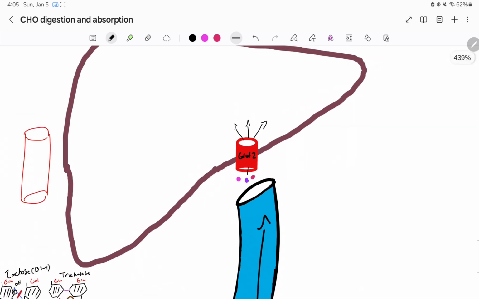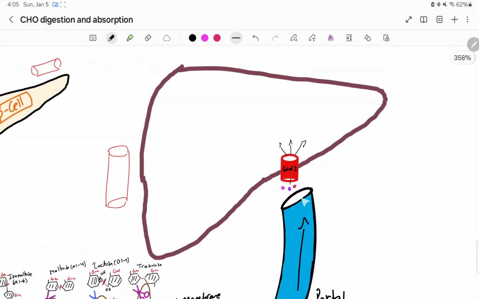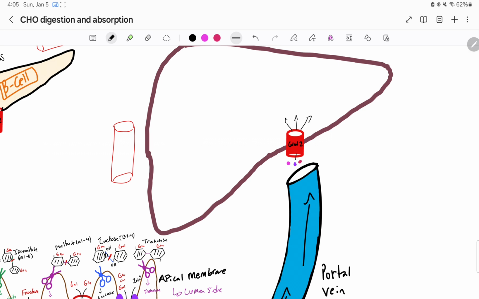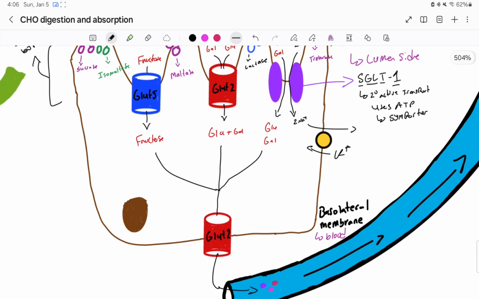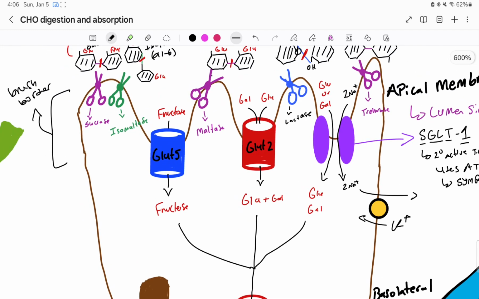Okay, now before we talk about what happens to all of these monosaccharides that we absorbed, I have to mention something about the Km, or this Michaelis constant, okay.